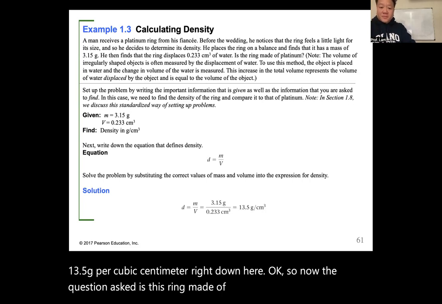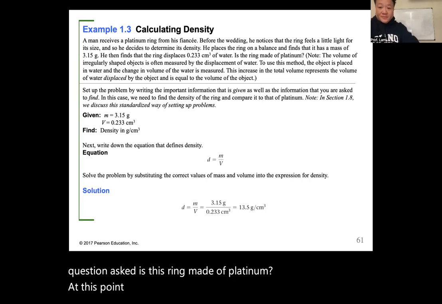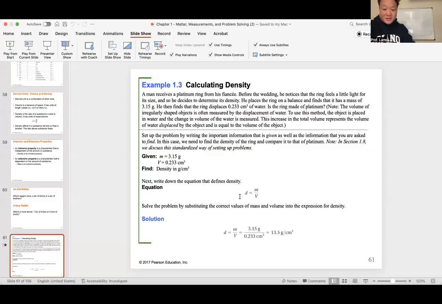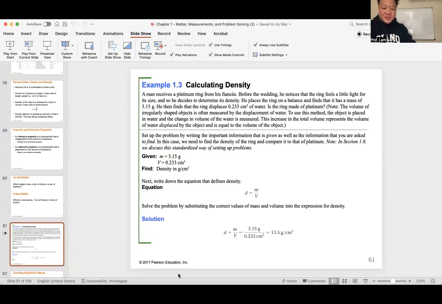Well, at this point, we have to look up what is the density of platinum. Okay, and for such pieces of information, it's okay to use Google here. That's fine. So I'm going to just Google the density of platinum, and Google tells me it's 21.45 grams per cubic centimeter. 21.45.